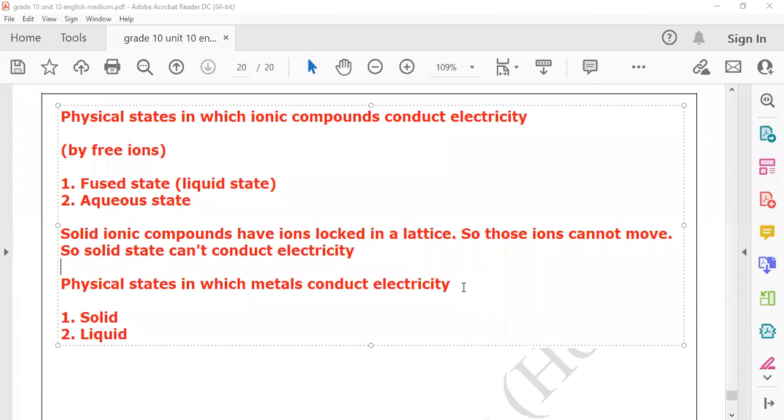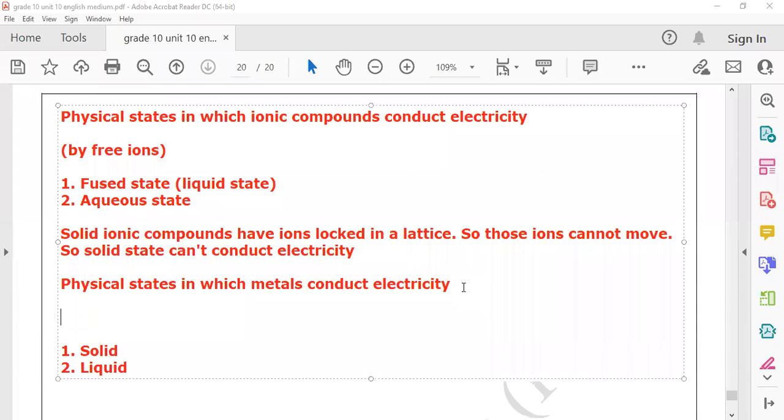Remember, in metals, electricity is carried by free electrons. Could you please mark them down?